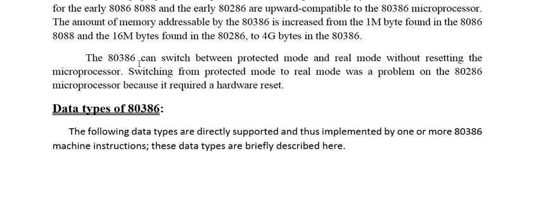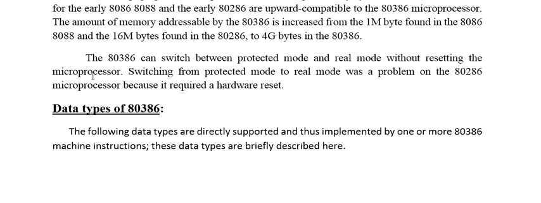The 80386 can switch between protected mode and real mode without resetting the microprocessor. So the 80386 has the flexibility that it can switch from protected mode to real mode. In real mode we perform real-time operation. Protected mode, for example, operates in virtual memory. For example, the function of paging operates in protected mode. So real mode and protected mode are the two basic modes of any microprocessor.